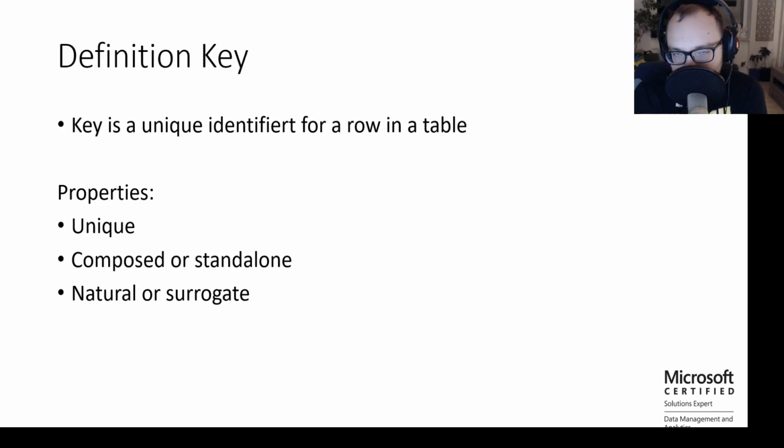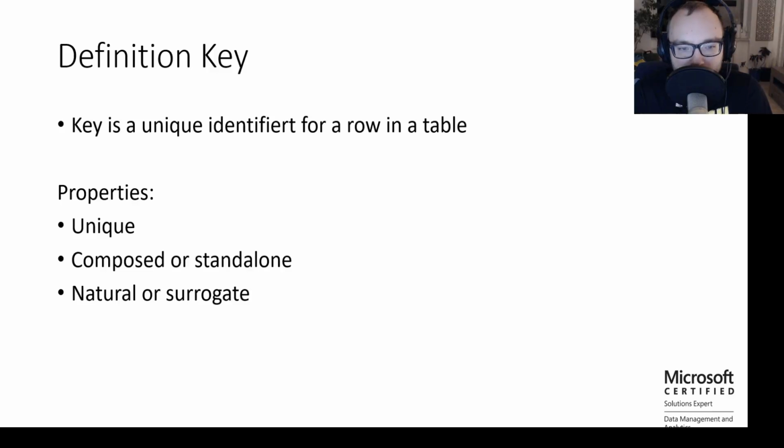This can have some conflicts, but in a very small environment, where you have just one class in a database with 30 entries, it's very unlikely that you have two people with the same name. So you could go for first name, last name, or first name, last name, birth date, which is even better. This could be a natural key. If it uniquely identifies every row in your table, it is a key.